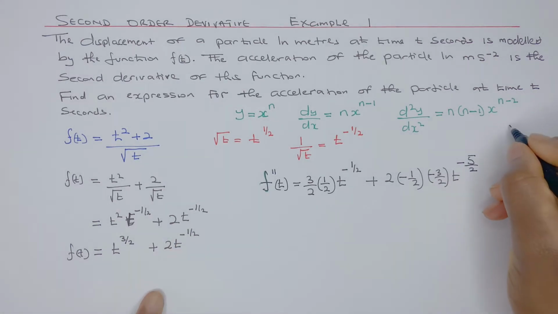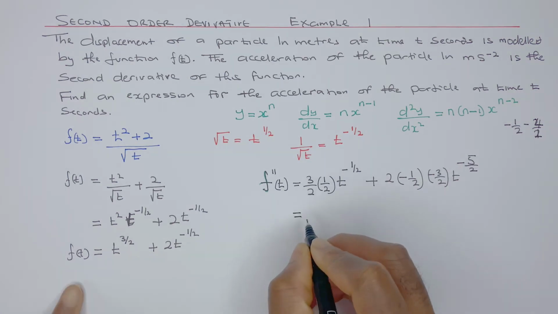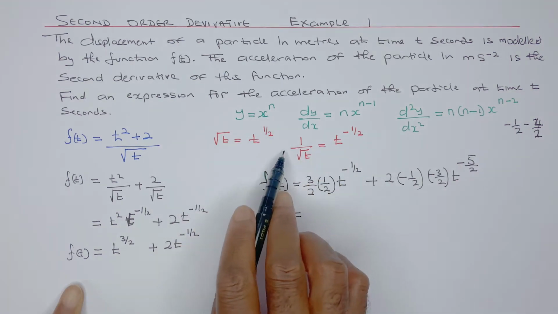We know how to work that out. Minus a half minus 2 over 1, because 2 is 2 over 1. Multiply that by 2, so that will be 2, 4, so that will be minus 5 over 2. That's how we get that. And then we can simplify this. Now we're going to use this relationship here.